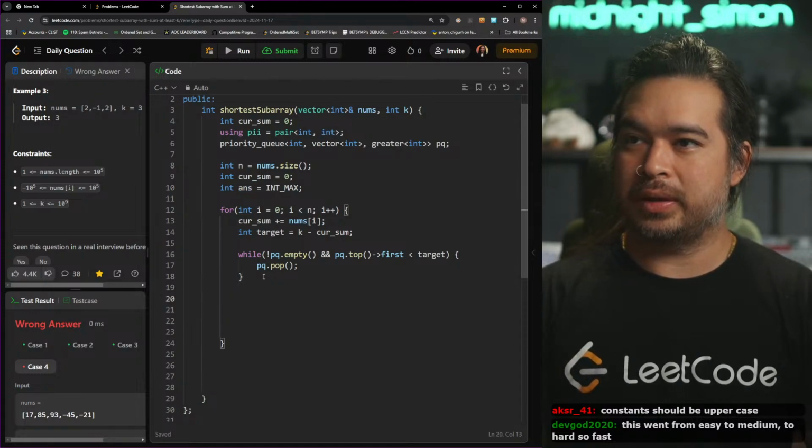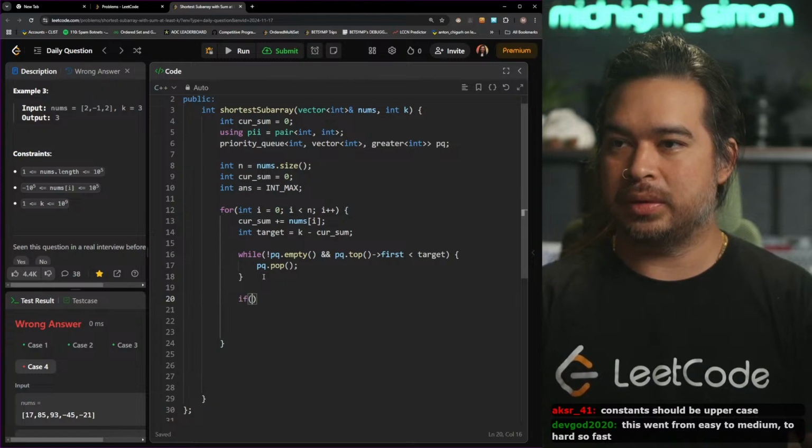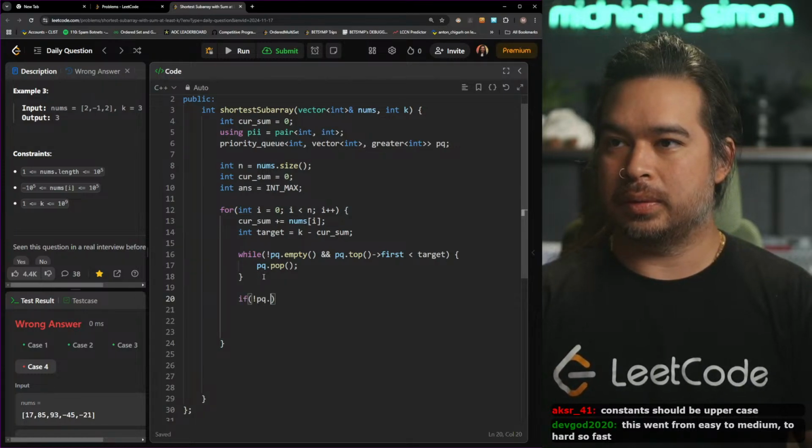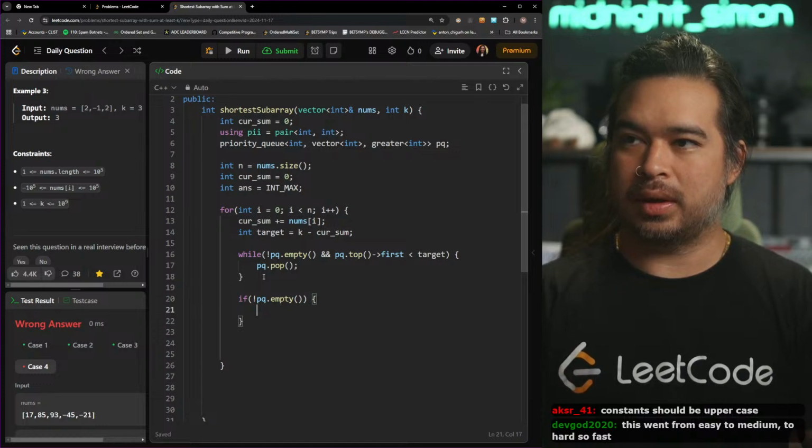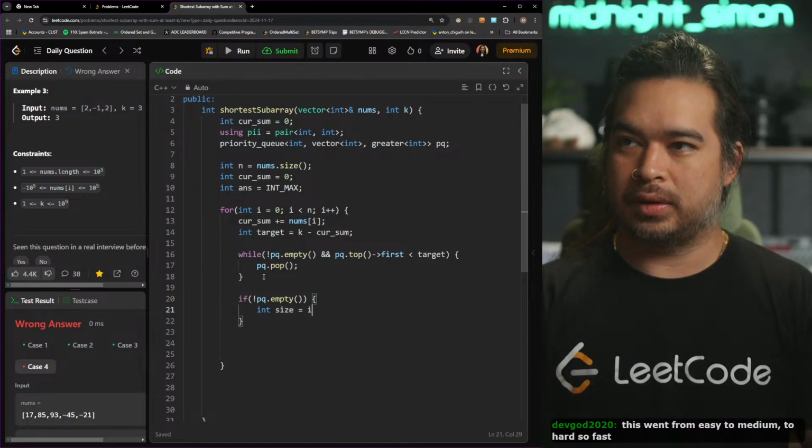So if there's something on the top of the priority queue, then it's going to be i minus priority queue dot top second.